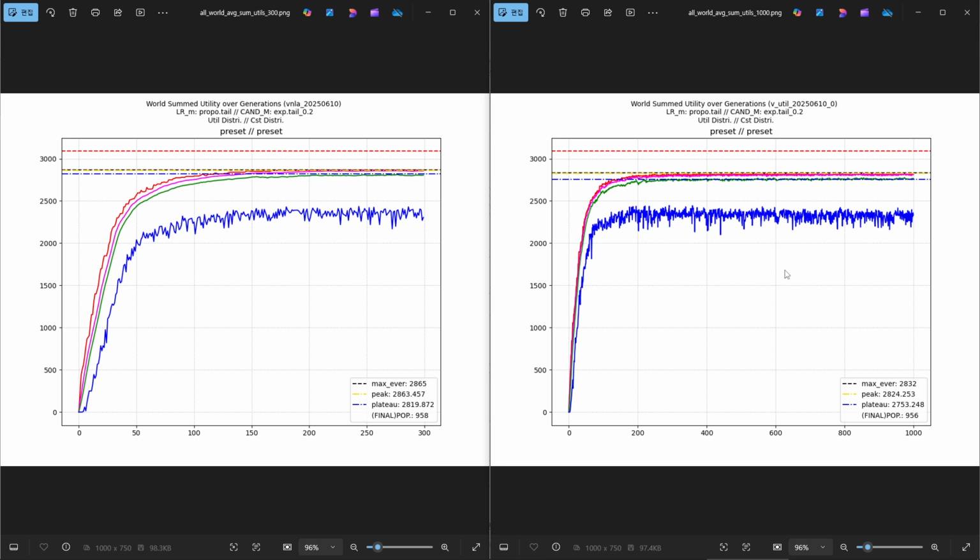It could be 2870, but in actual fact it could not be one of the true ceilings.